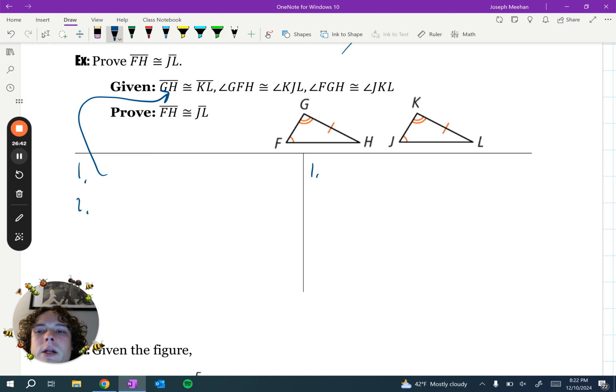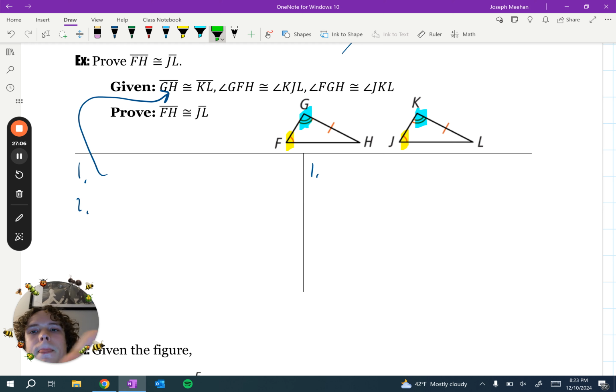these triangles congruent. In order to say parts of a triangle are congruent, we need the triangles to be congruent themselves. So that's what we're trying to do. We want to make these triangles congruent, and then we can focus on this. So for now, what we're trying to prove eventually is just on the back burner. Step one, we want to prove these triangles are congruent to begin with. So here, you can see we have an angle and an angle.